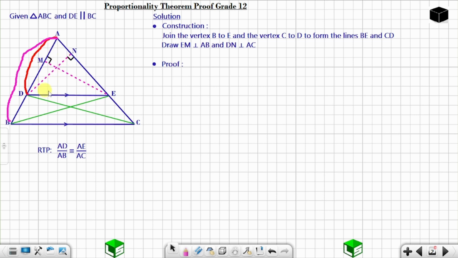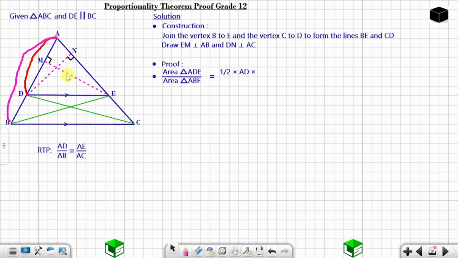So the area of this triangle ADE over the area of the triangle ABE. This is equal to a half for this triangle ADE, the base is AD times the height.